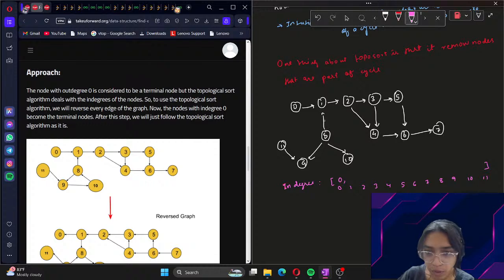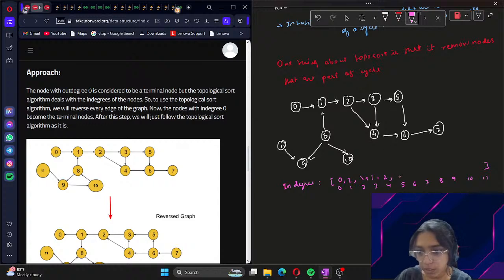In-degree for node 1 is from node 8 and from node 0, so it's 2. For node 2, the edge is from node 1, so it's 1. Node 3 is 1. Node 4 is 2.